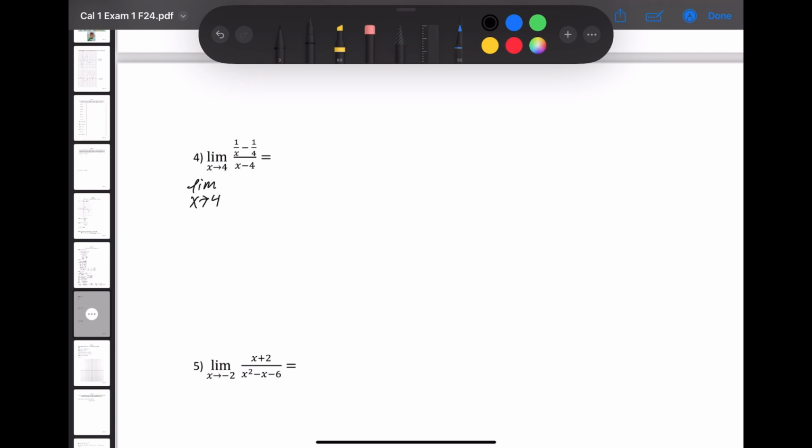So let's rewrite this. We know we've got to get our denominator, so we're going to multiply.